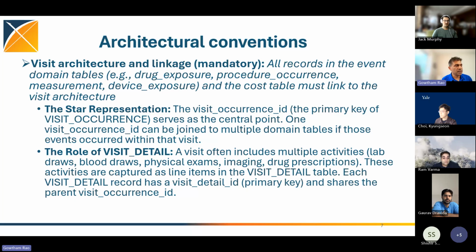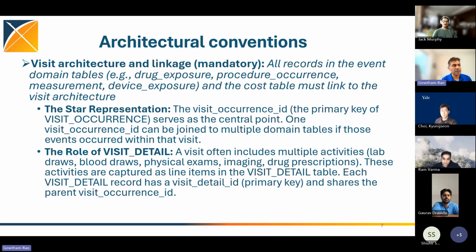The only way the SQL joins will happen is drug exposure ID will have a visit occurrence ID, which will join to the visit occurrence table, which will join to the cost table, because the cost table will have a cost event ID. That cost event ID will always be a visit occurrence ID. Does that make sense? Complex SQL, but that's the opinionated software.